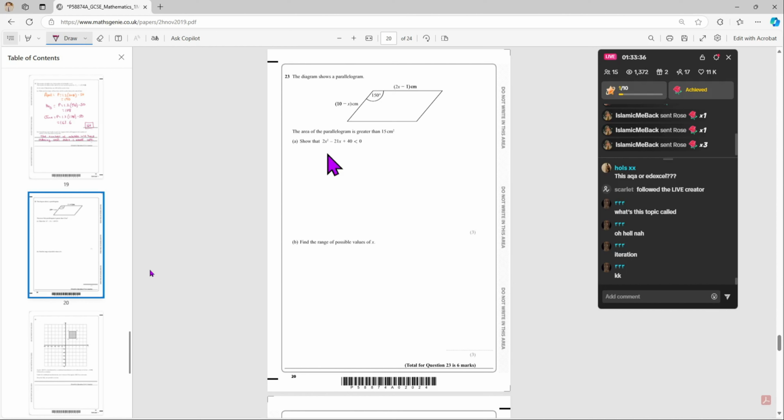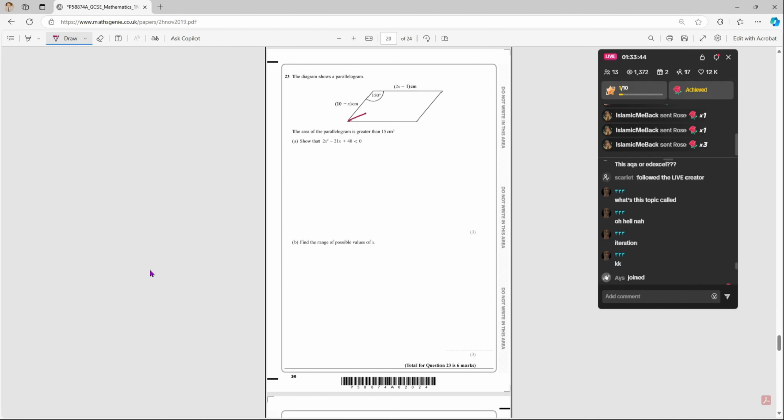So to work this out, we have to split this parallelogram up into two triangles. Once we split this up, to work out the area of the triangle, we have to use our formula for the area of a triangle.